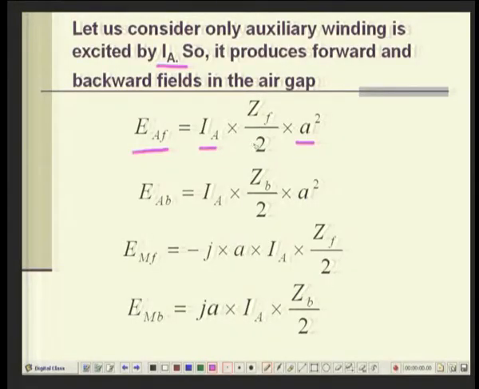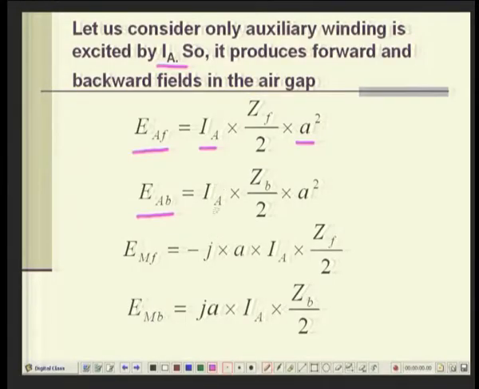If the main winding with 1 ampere produces 10 volts, in the auxiliary winding 1 ampere will produce more volts, because it is wound with more turns. Therefore EA backward will be IA ZB by 2 into A square.